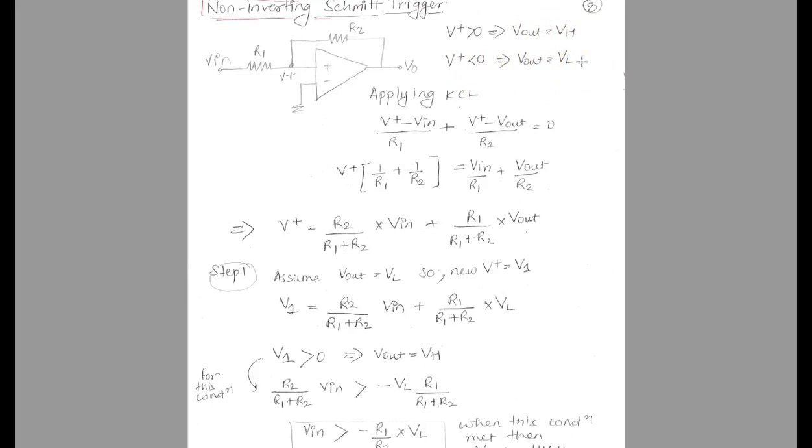So what is V positive? It is the voltage which is basically here. When you apply KCL at this node, this will give you (V plus minus V in) divided by R1, plus (V plus minus V out) upon R2, is equal to 0, and that's what our KCL equation looks like.